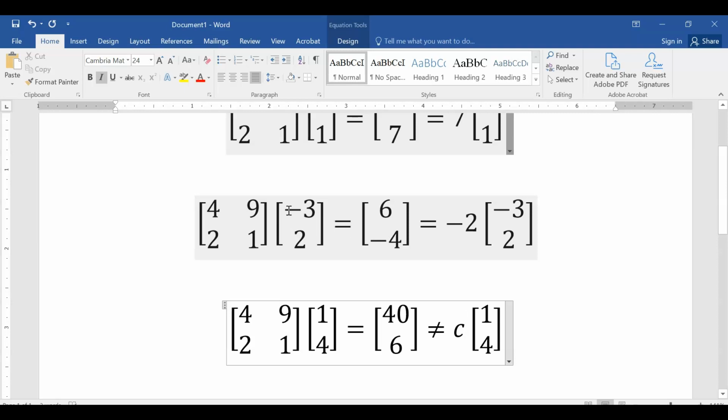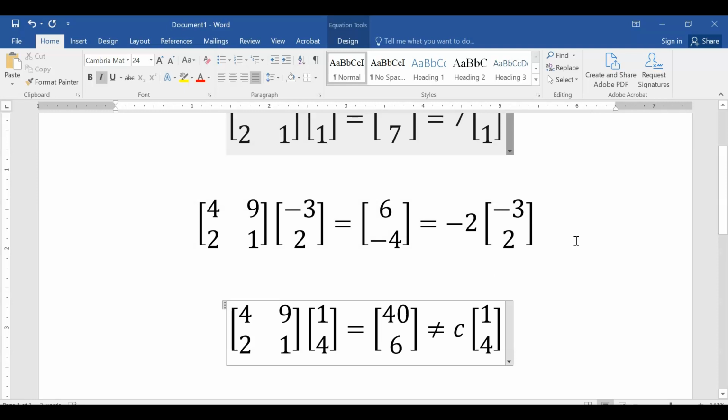And notice that the matrix, when I multiplied times negative 3, 2, gave me exactly the same thing as taking the constant negative 2 times my vector.